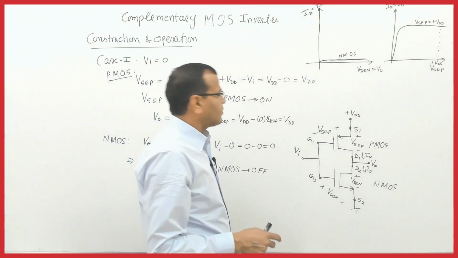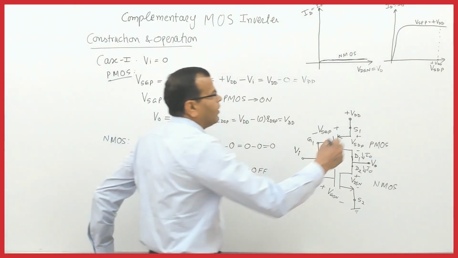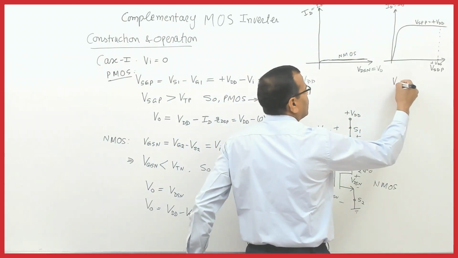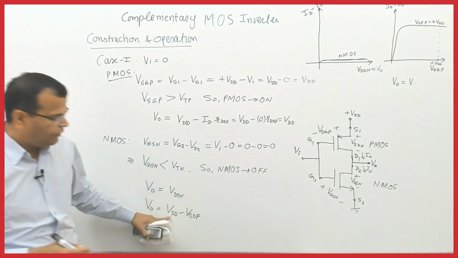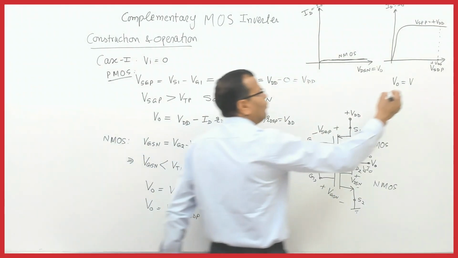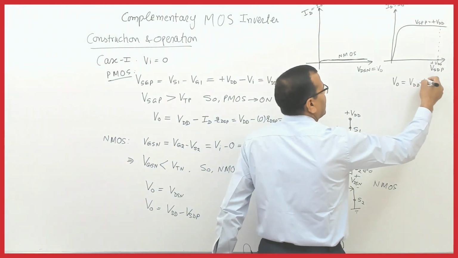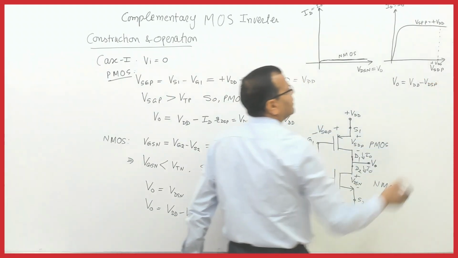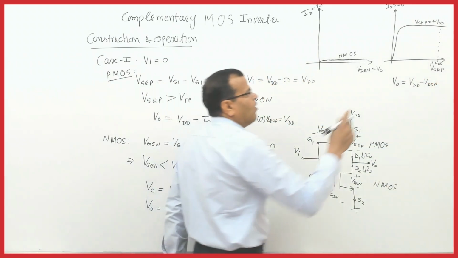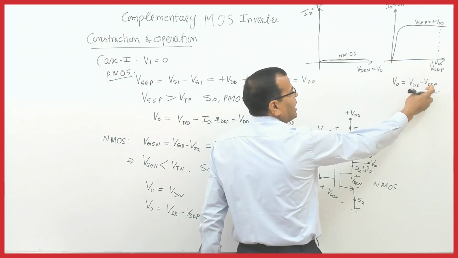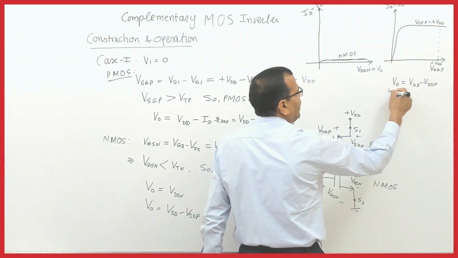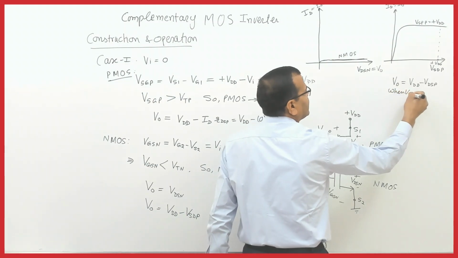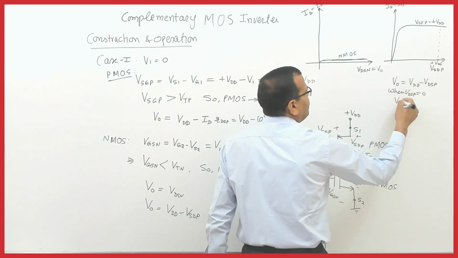So now see the relationship for PMOS. What is V0? V0 is nothing but VDD minus VDSP. Now, when VDSP is 0, when this voltage is 0, what will be V0?